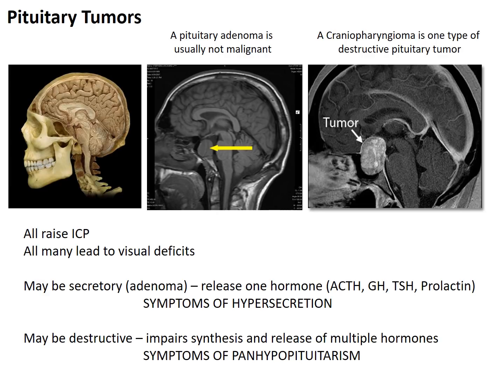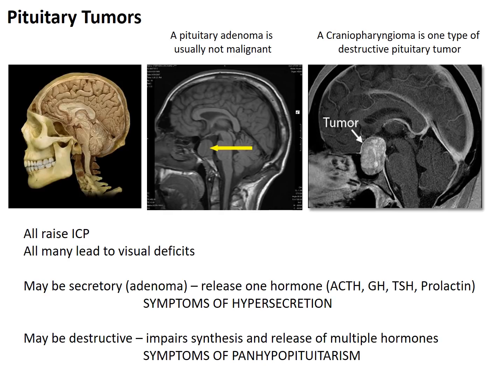And again, remember, pituitary tumors can be in one of two forms. They can be adenomas, which are secretory, or they can be destructive, and then those destructive tumors minimizing synthesis and release of pituitary hormones can lead to hypopituitarism.